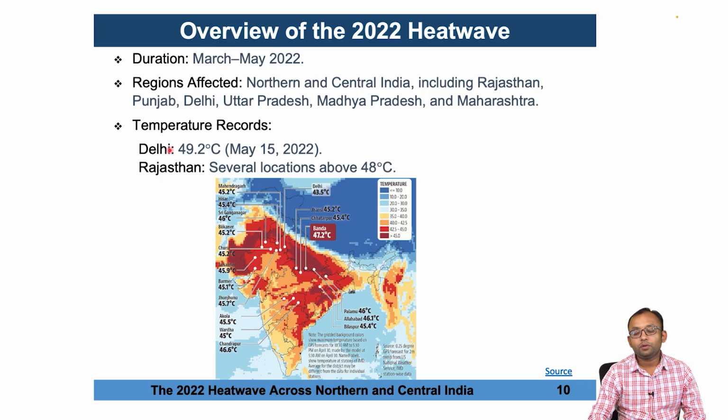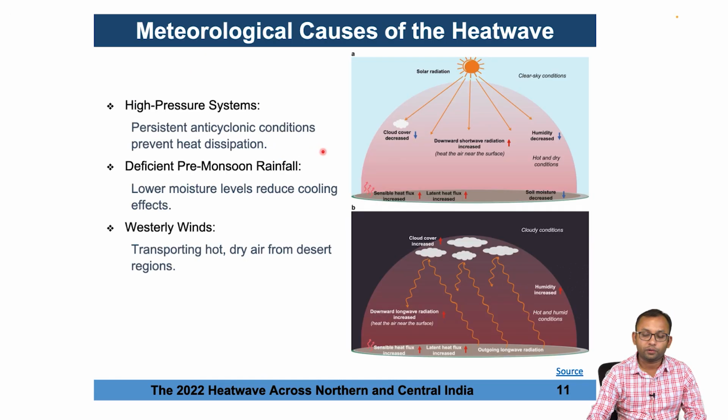Several temperature records were broken in that year. In Delhi the temperature crossed 49.2 degrees centigrade, and in Rajasthan we observed temperatures above 48 degrees. That essentially suggests a very hot event in that time period.